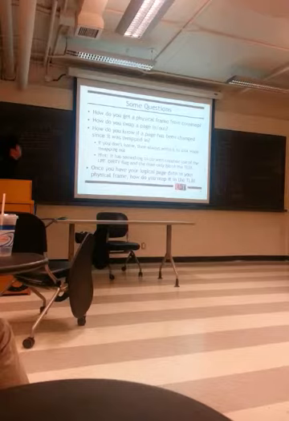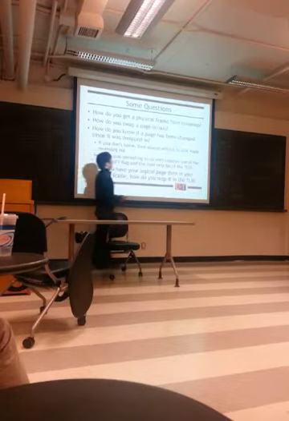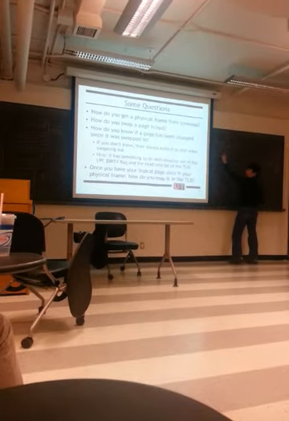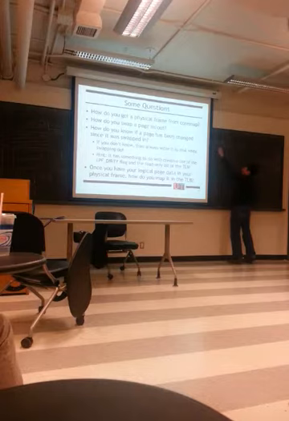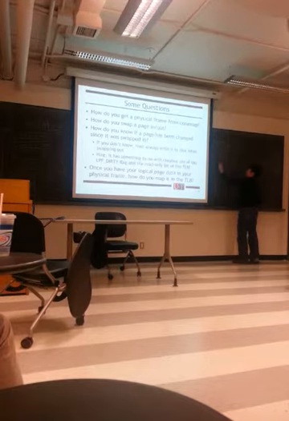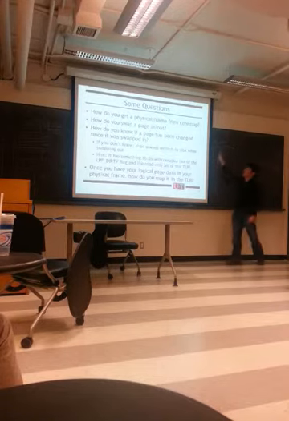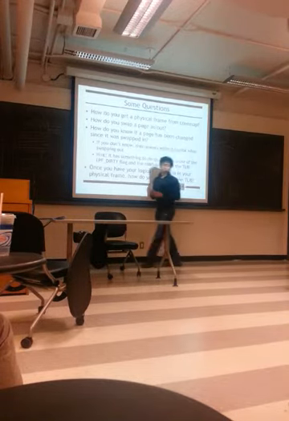So here are some questions. How do you get a physical frame from the frame table? Basically, this is indexed. So if it's 1, it's frame 1, frame 2, 3, 4, 5. So you can just treat it as an array and use the index to get the physical frames.